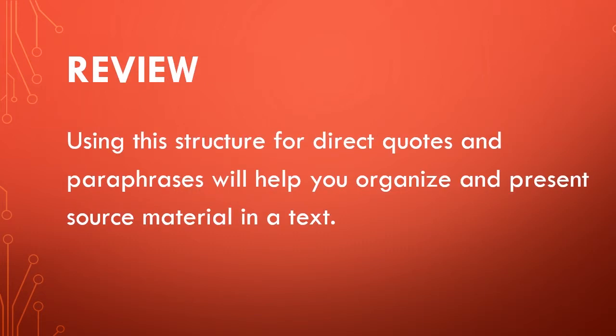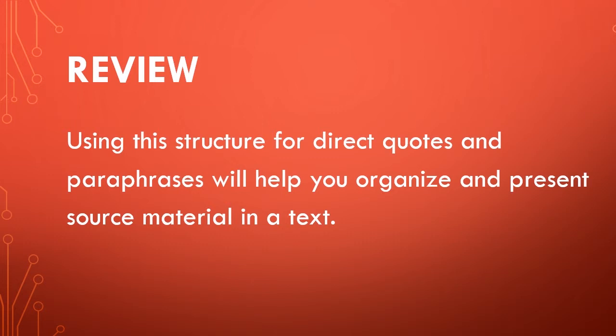Okay, and that's it. So let's review real fast. Using this structure for direct quotes and paraphrases is going to help you to organize and present source material in a text. It's going to help you to provide appropriate attribution, to quote or summarize a source, and to follow that up with a citation. Now, if you put this in the larger scheme of a whole paper, what you would do after following these steps is follow up by explaining the significance of this information you just presented in the context of your paper.